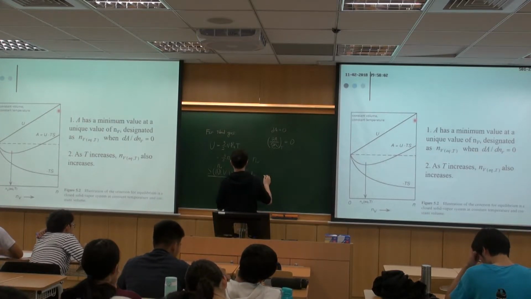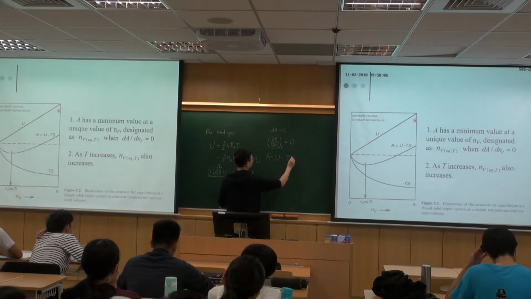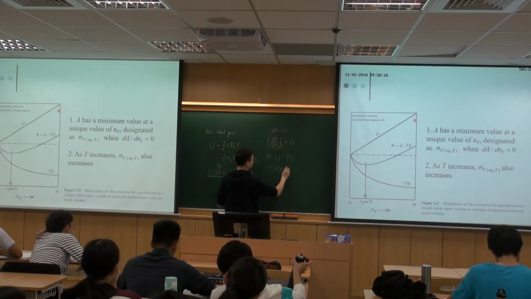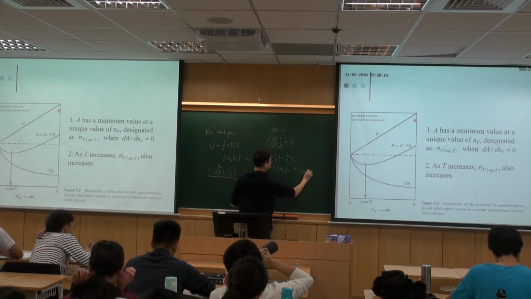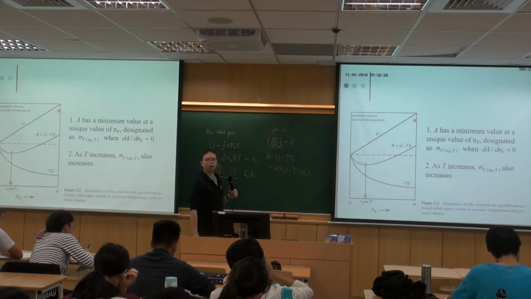So the first thing we do is, of course, A is U minus Ts. And we know U is a function of MV, and S is also a function of MV. So we can express A as a function of the number of particles in the vapor phase.